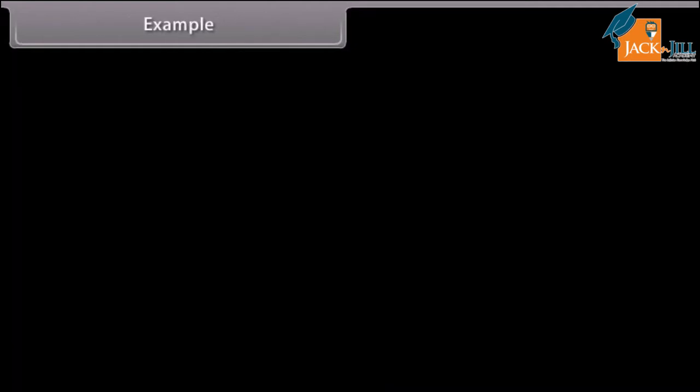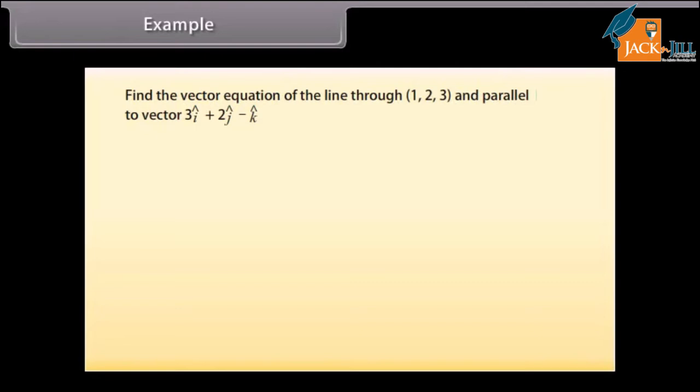Example. Find the vector equation of the line through (1, 2, 3) and parallel to vector 3i plus 2j minus k. Solution. Given vector v equals 3i plus 2j minus k. R0 equals (1, 2, 3) equals i plus 2j plus 3k.